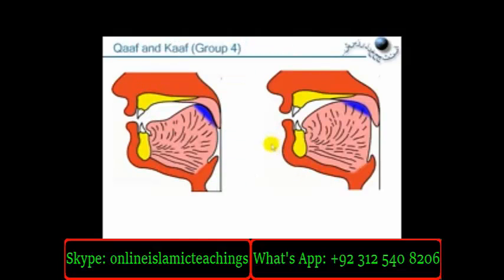Group 4 is when we do move into where the tongue is being involved. We've got two letters pronounced where the back of the tongue is touching the soft palate, which is the top part of the very back of your mouth. There are two letters which operate slightly differently: Qaf and Kaf.